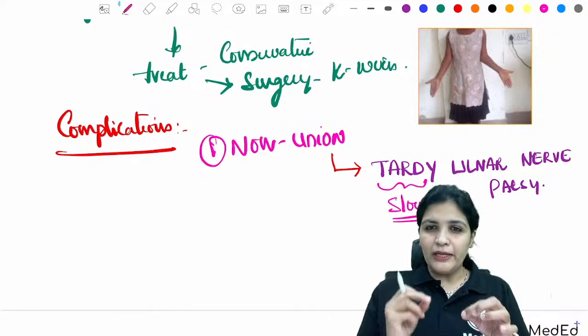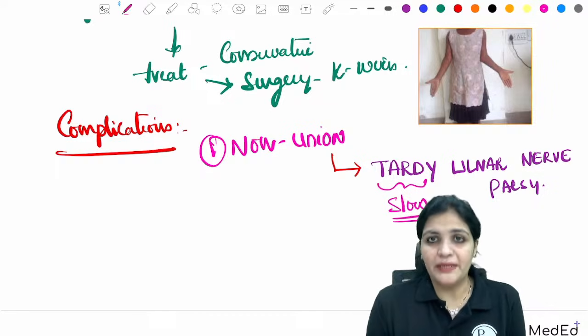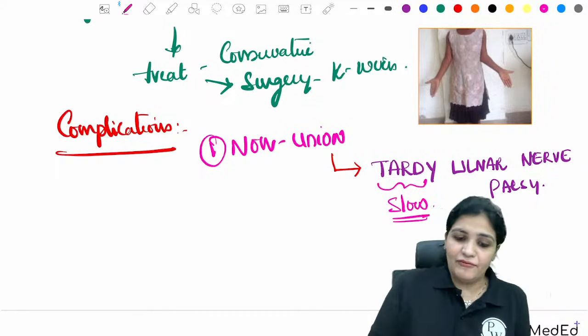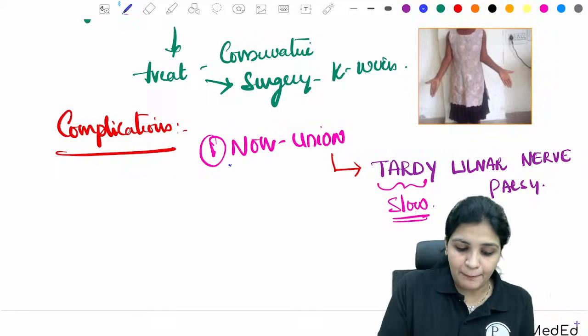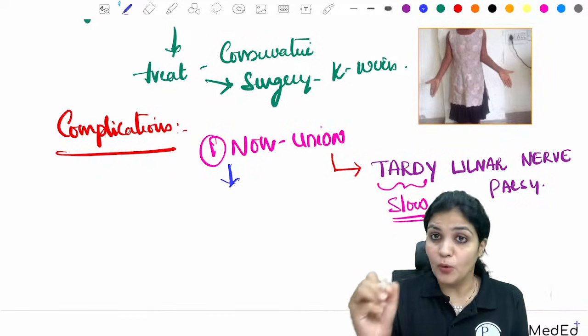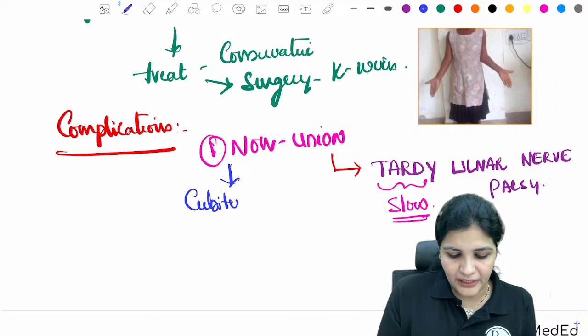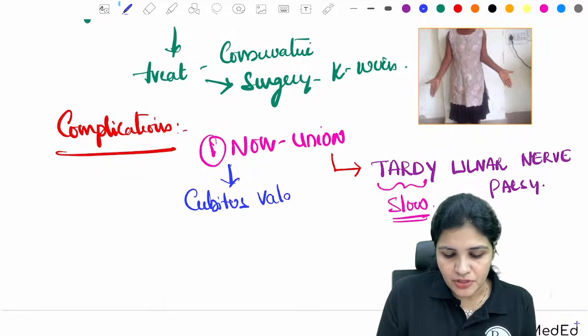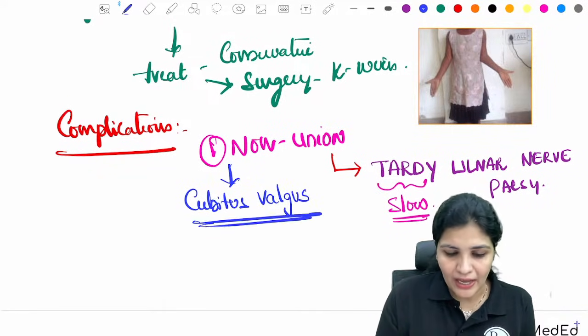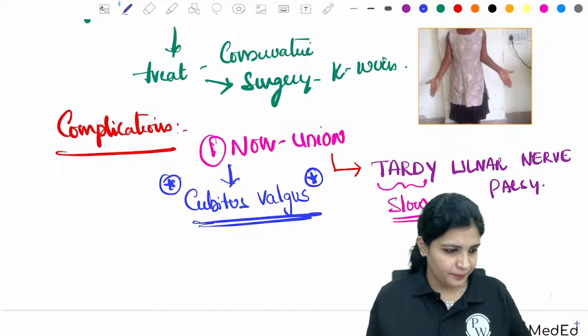So slowly your ulnar nerve is paralyzed. Why is it paralyzed? Because of the complication, the non-union. Because of the non-union, the lateral condyle has stopped growing, but the medial condyle growth is still maintained, and hence this will land up in a deformity called cubitus valgus.